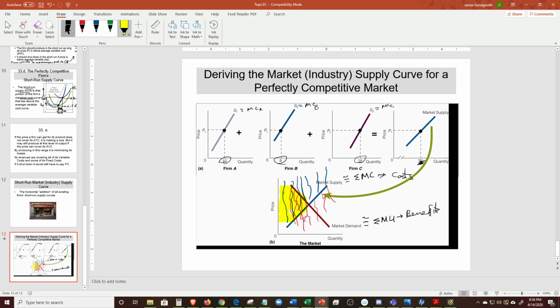And actually, remember, this was called social surplus. Here's the equilibrium price, P sub E. It consisted of all the things in here, which are consumer surplus.